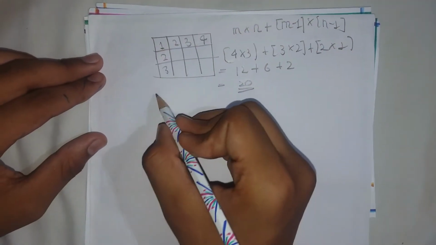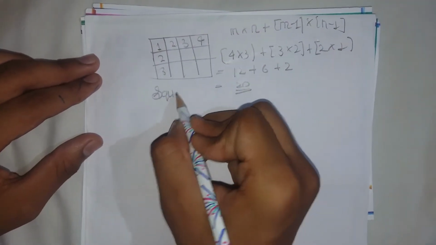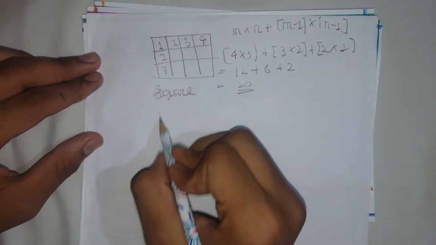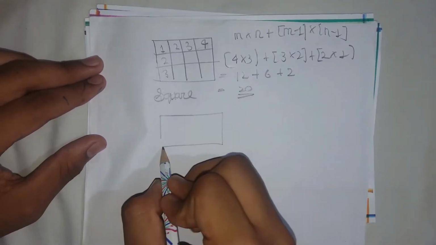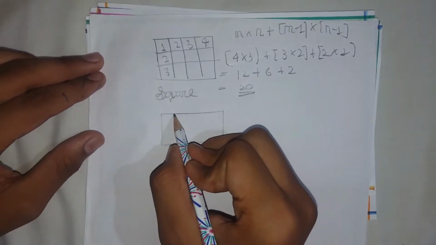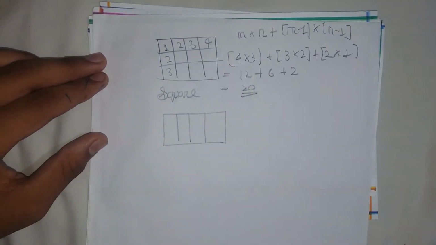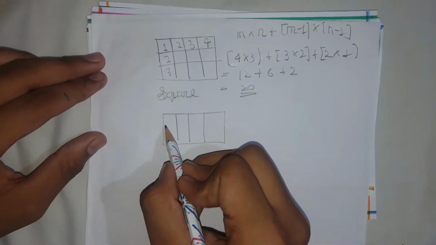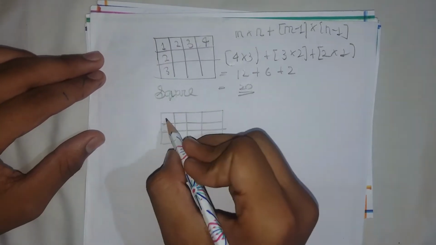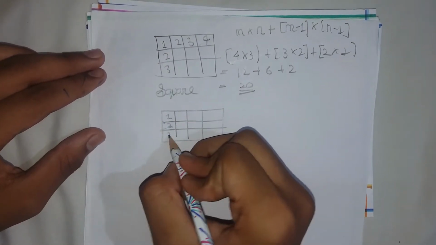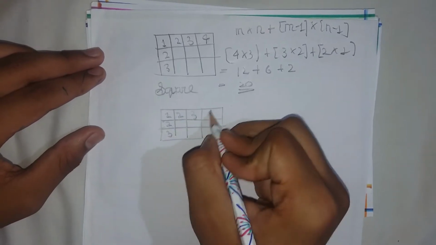This is the case where we have to find the number of squares. But what if in the same figure it is asked to find the maximum number of rectangles? We cannot apply the method we applied before. So here the trick is very simple, but you have to watch it carefully. Here the number of rows is 3 and the number of columns is 4.